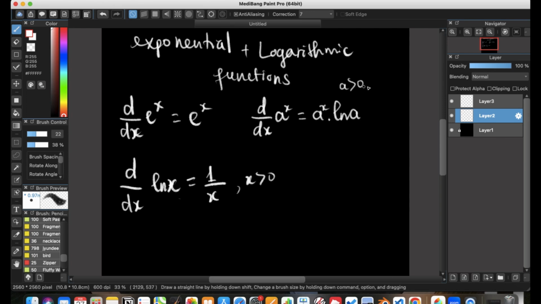And make sure that a is larger than 0 and a is not 1. It's different from 1. Why is that? Because we're going to treat a as a function of e here. So that's why we need to multiply it with this.